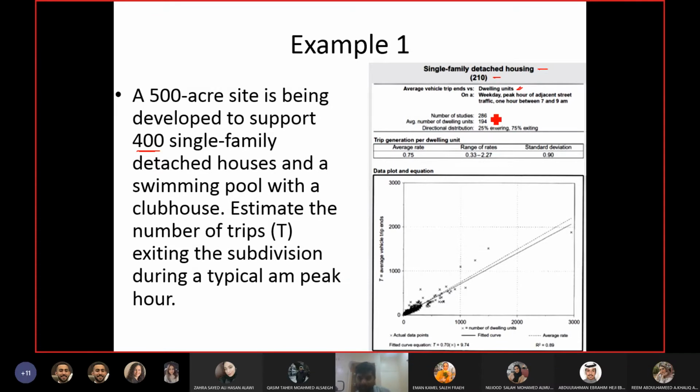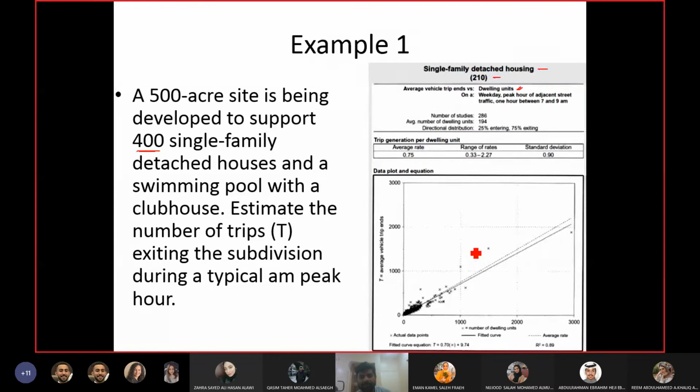ITE has collected data from 286 sites for generating this equation and the average trip rate.